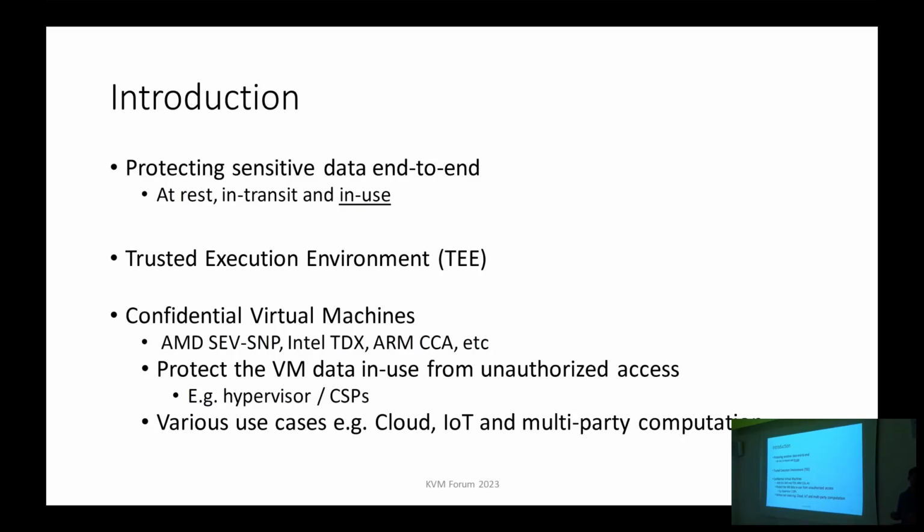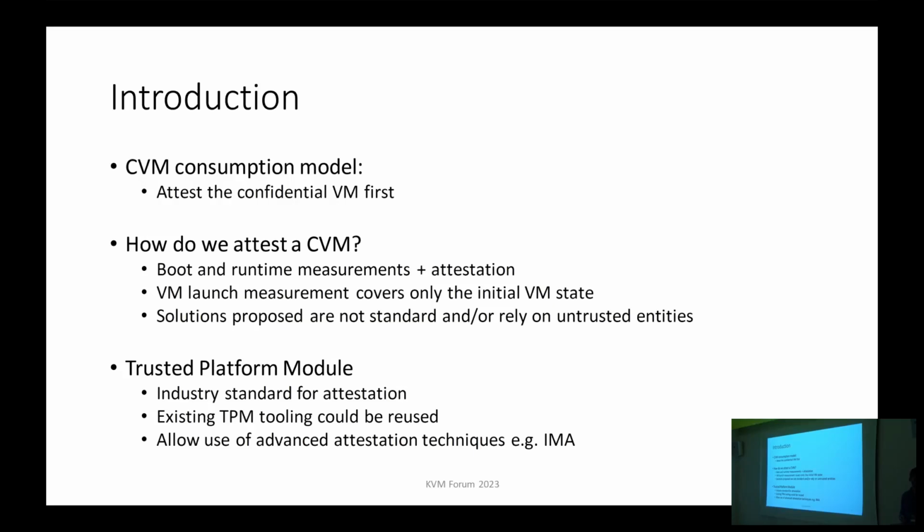And as I mentioned, all these technologies protect the VM data while it's in use from unauthorized access. In this case, we are more concerned about the hypervisor and also cloud service providers. Confidential virtual machines have been explored in multiple use cases, such as cloud, I/O, and multi-party computation.